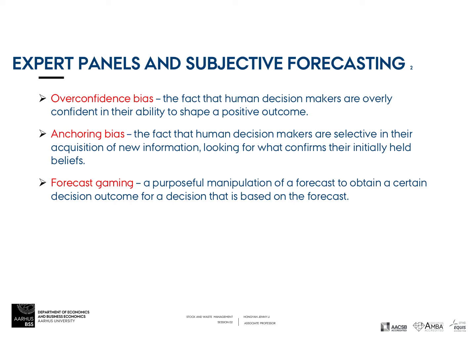Human decision makers are overly confident in their ability to shape a positive outcome. Then anchor bias should also be considered: human decision makers are selective in their acquisition of new information, looking for what confirms their initially held beliefs.